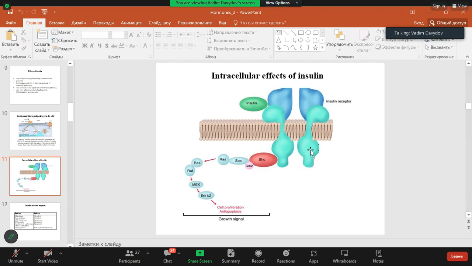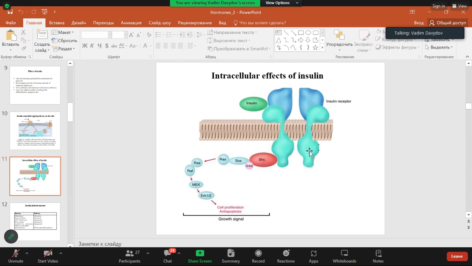First of all, beta subunits undergo phosphorylation of each other. So that subunit phosphorylates the other subunit of the receptor, and residues of tyrosine in that subunit undergo phosphorylation.